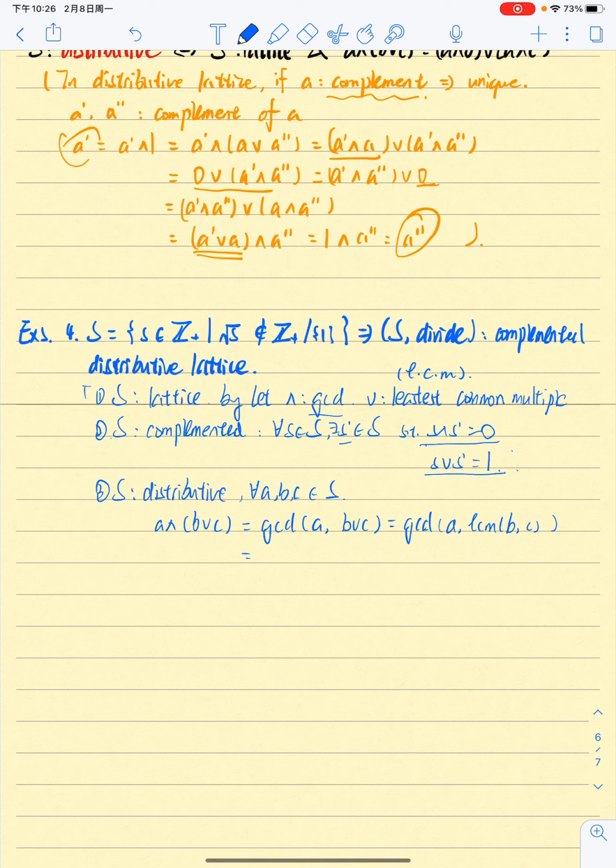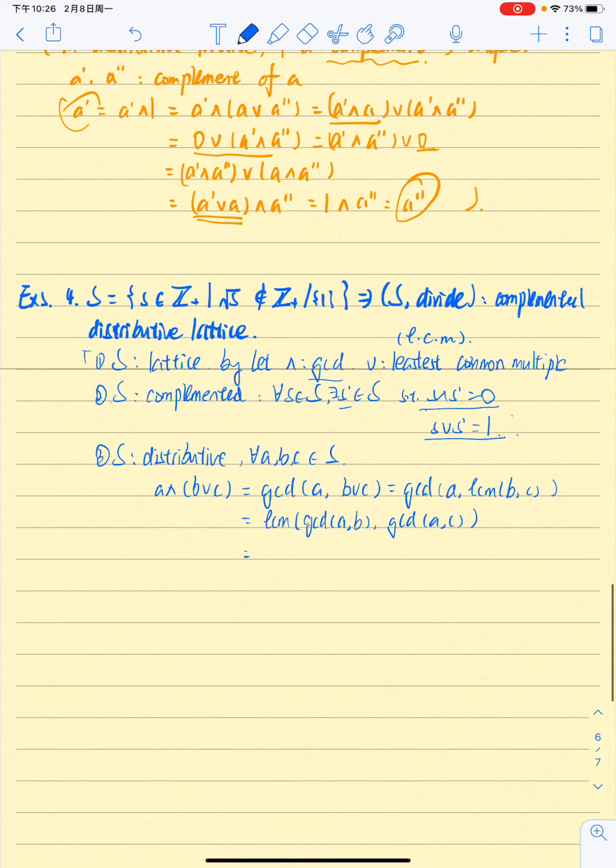Actually, this can be rewritten as LCM(GCD(A,B), GCD(A,C)).